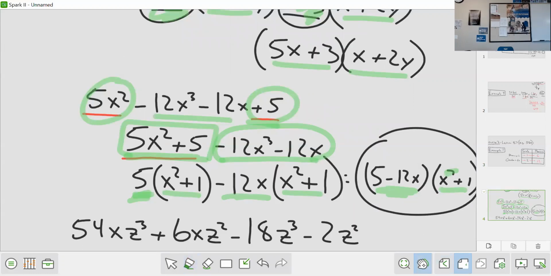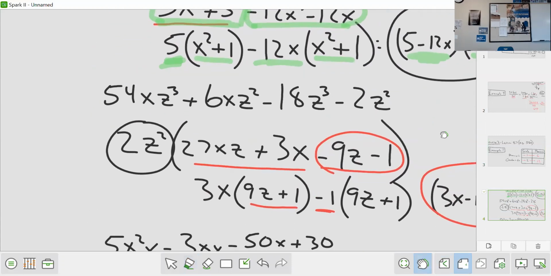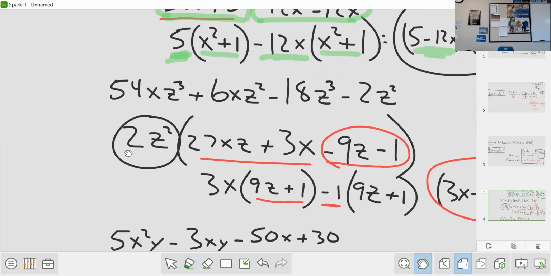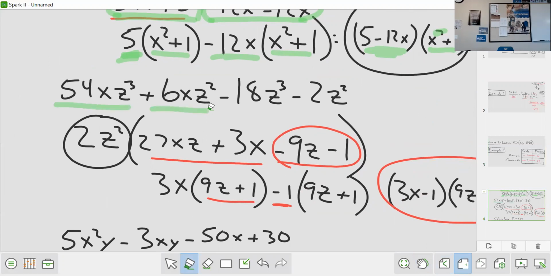All right. Now this next one, what you have to be able to do is factor a common factor out of all four of these terms. So you have to be able to watch that first. When I look at all four of these terms, I say to myself, can I factor something out of all of them first?